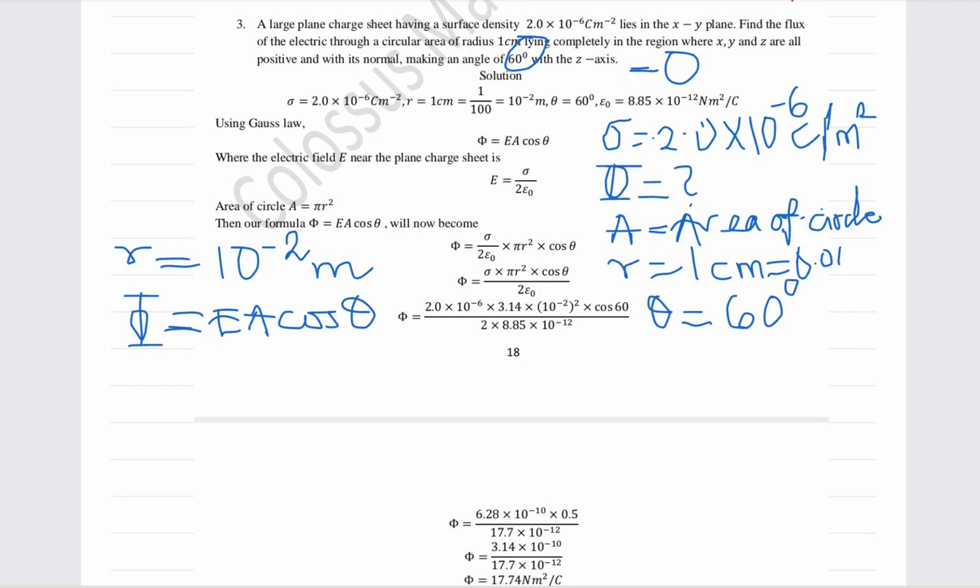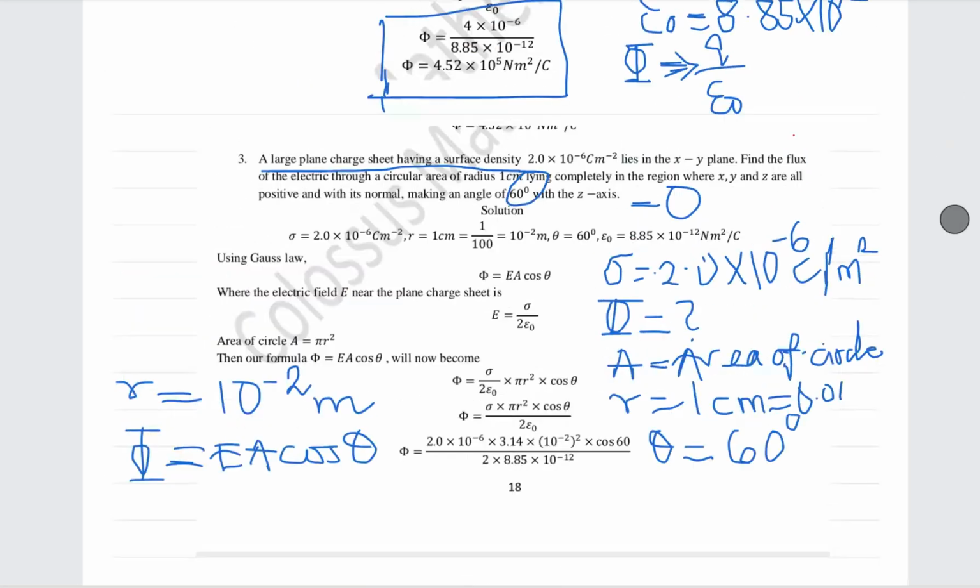So we have EA cos theta. Now what is our A here? Before I come to our A, they said a large plane sheet. If you look at the previous video I did, I spoke about that under the application.